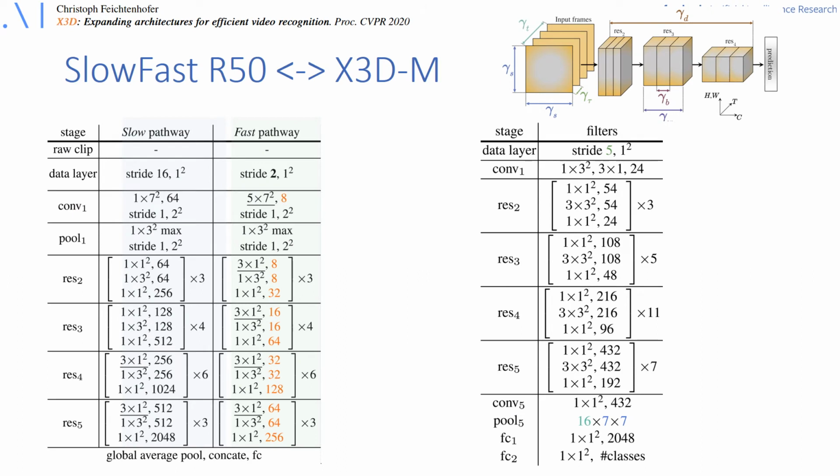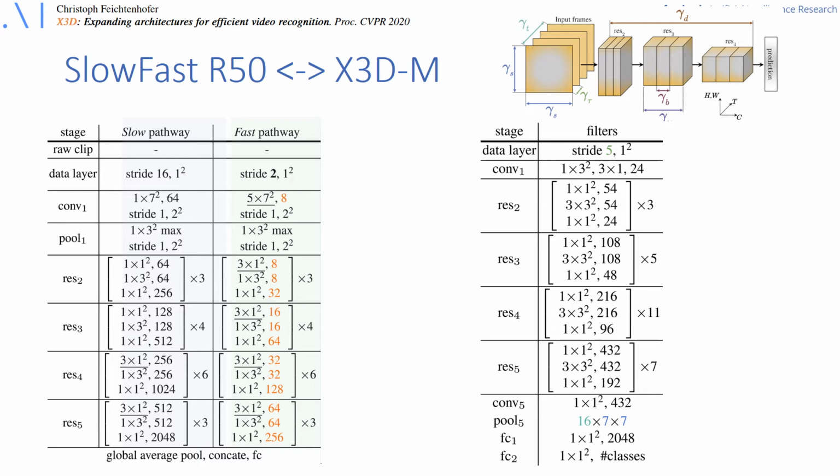Here we compare one X3D model from this expansion process shown on the right side to the meta-architecture of the previously introduced SlowFast model on the left side. The two models achieve roughly the same recognition performance on a Kinetics action classification task.